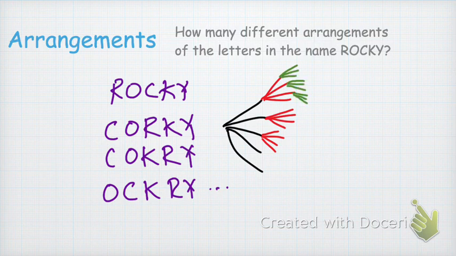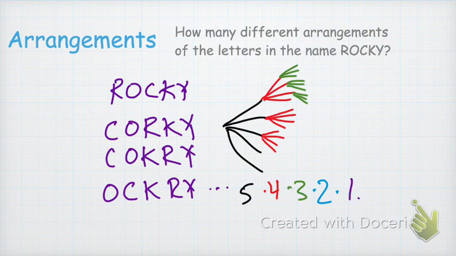And even though I can't really draw all this out very accurately, I'm starting to sense that there are 5 different letters that can go first, and 4 letters that could go second, and 3 letters that could go third, and 2 letters that can go fourth, and then there'd be 1 letter left over.